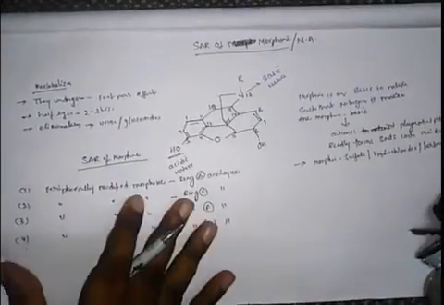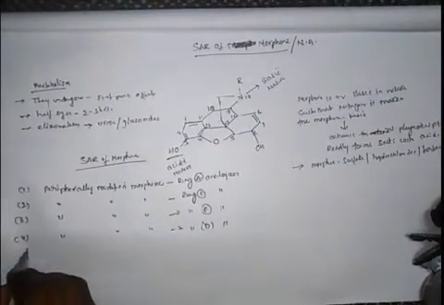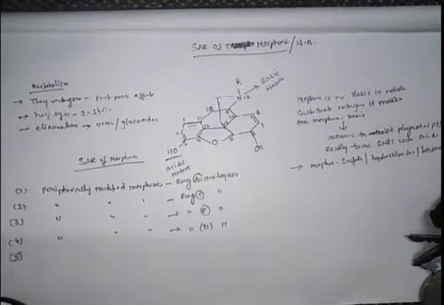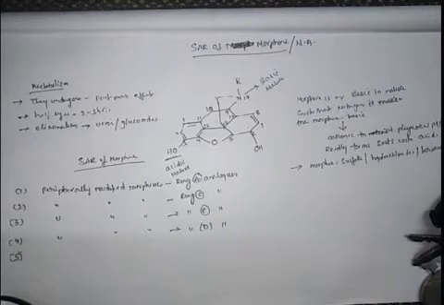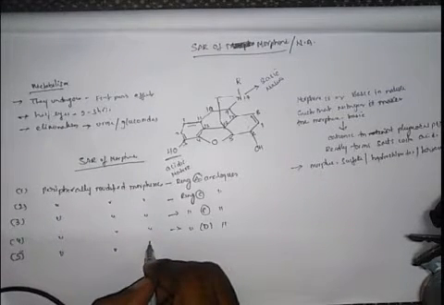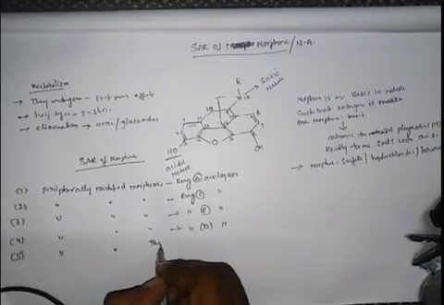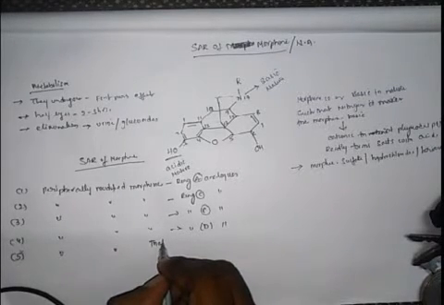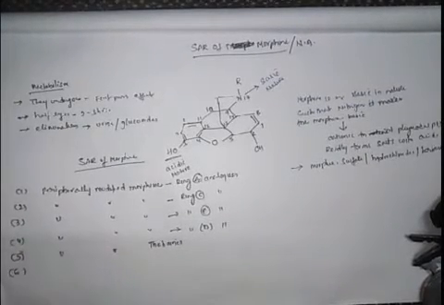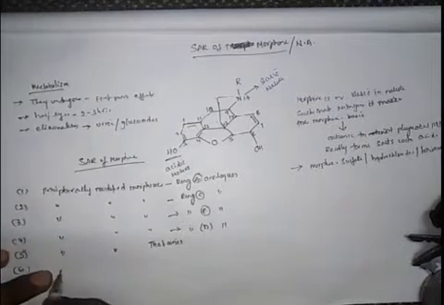The fifth subtopic is peripherally modified binds, and the sixth subtopic is nuclear modification.